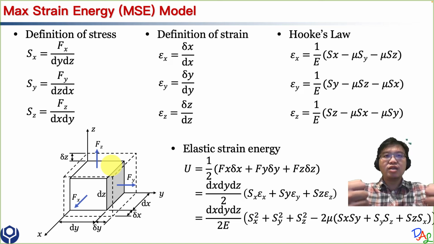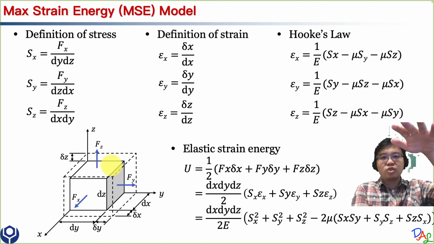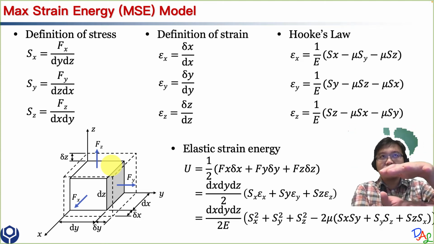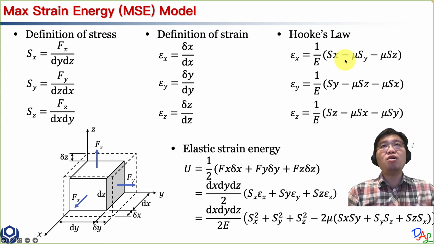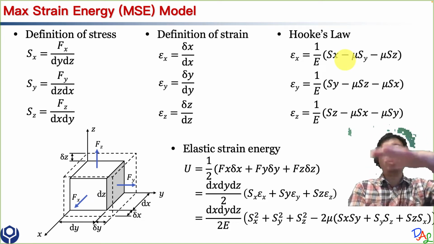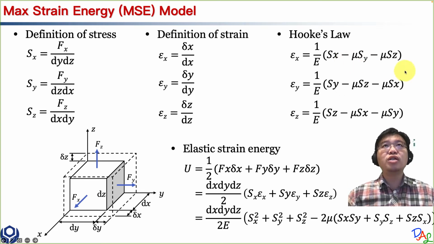However, when I'm also pulling from the side, the stress on the side will make this up and down direction shrink a little bit. That's why we have a minus sign here. This minus sign describes how much shrinkage we will have based on the strain along the other direction, and the ratio is related to the Poisson's ratio.